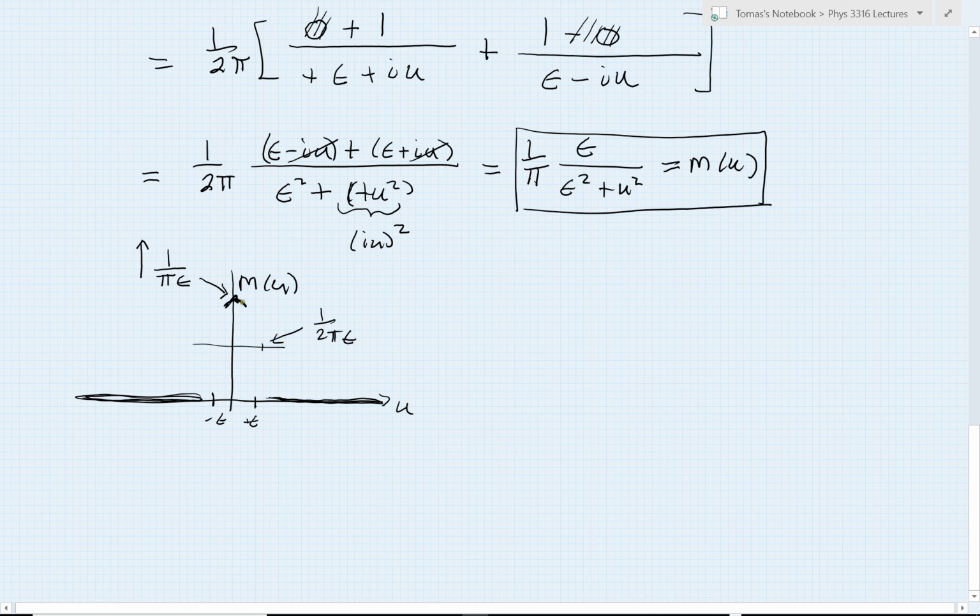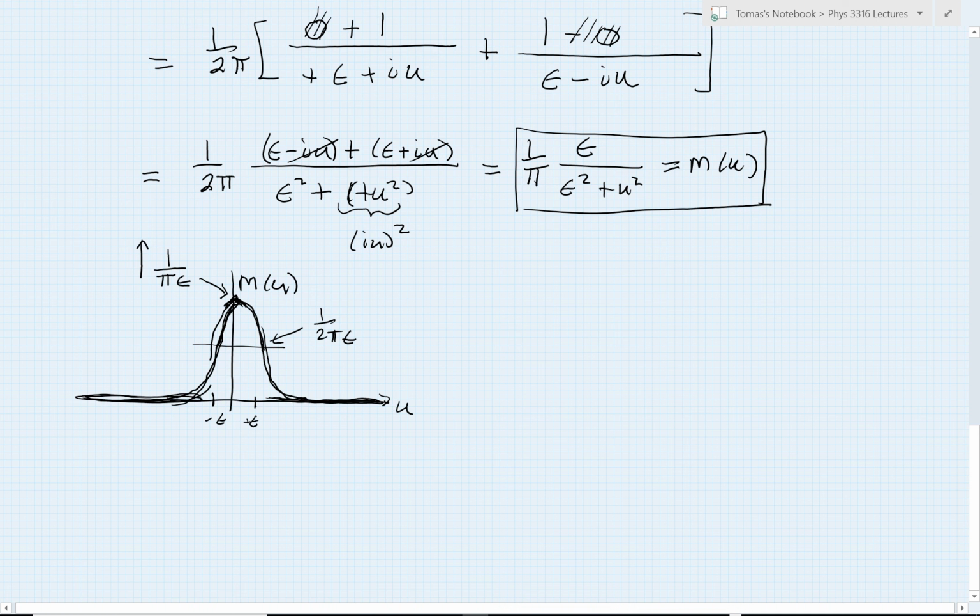And so I have a very narrow peak that decays essentially to 0 outside of a range. It hits its half value at epsilon, but outside of the range from minus epsilon to epsilon, this is essentially a 0 function.